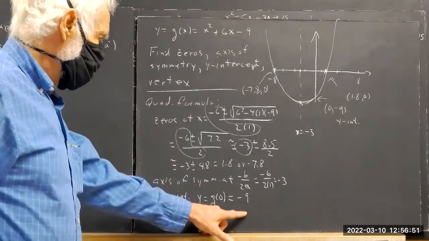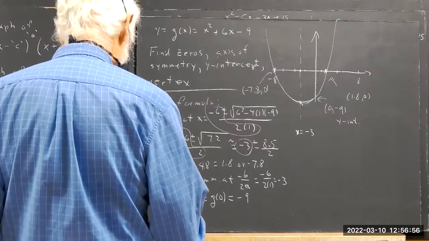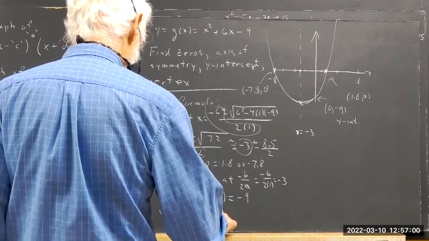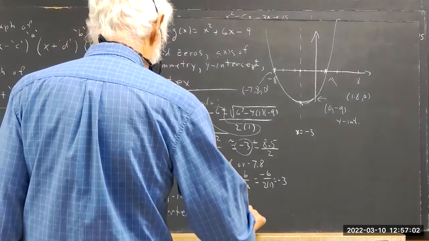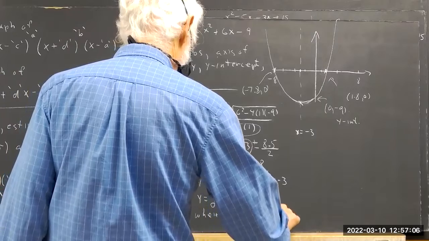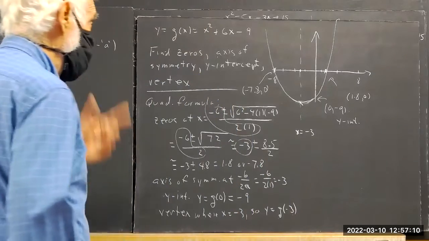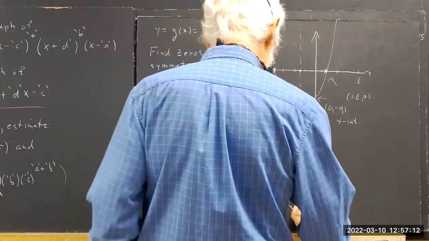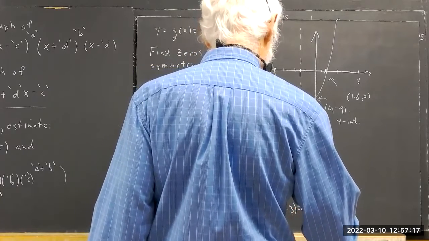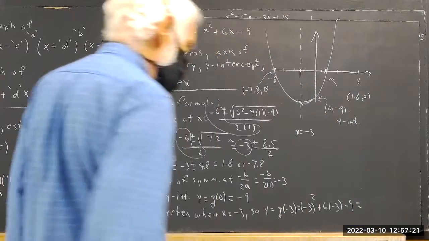The vertex is at x equals negative 3, so y equals g of negative 3.